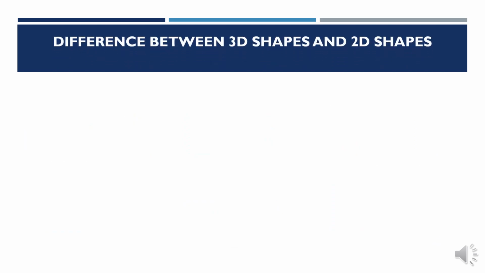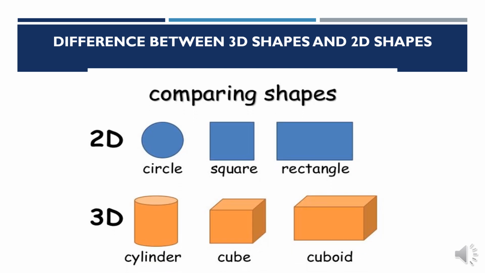Difference between 3D shape and 2D shape. Let's compare 2D shape and 3D shape. Do you know that 2D shape and 3D shape are different from each other? In the given 2D shapes, there is a circle, a square, and a rectangle. And in the given 3D shapes, there is a cylinder, a cube, and a cuboid.